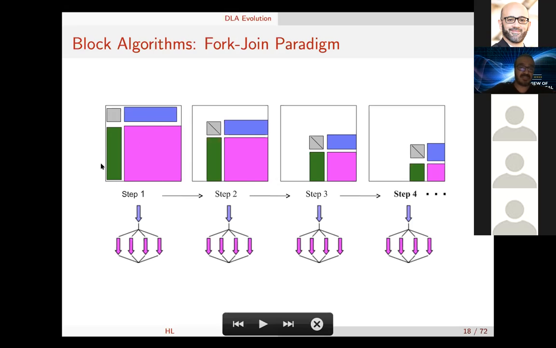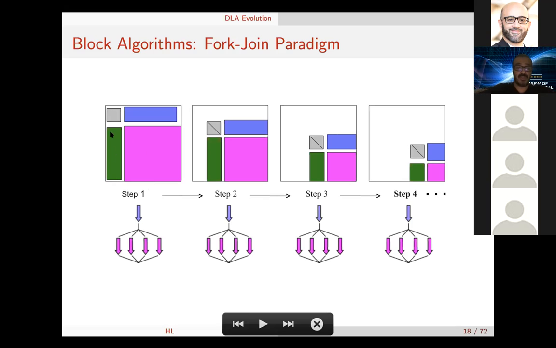When I'm doing this matrix factorization in LAPACK using this block algorithm, I need to block some operation in what we call a panel and then update my trailing submatrix. There is a huge synchronization point between those two phases, and the parallelism really happens in the magenta area here, and the green is mostly sequential.